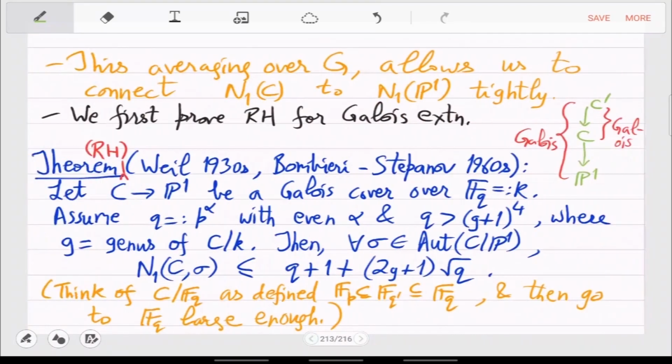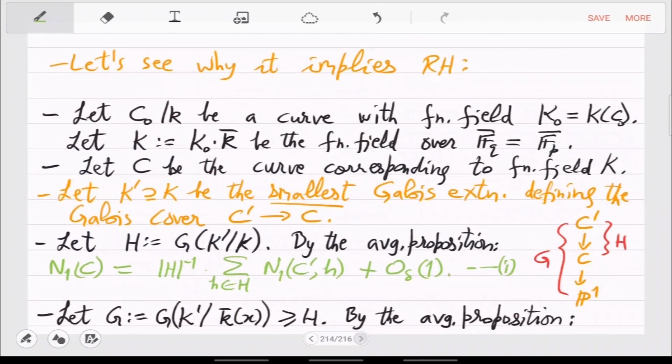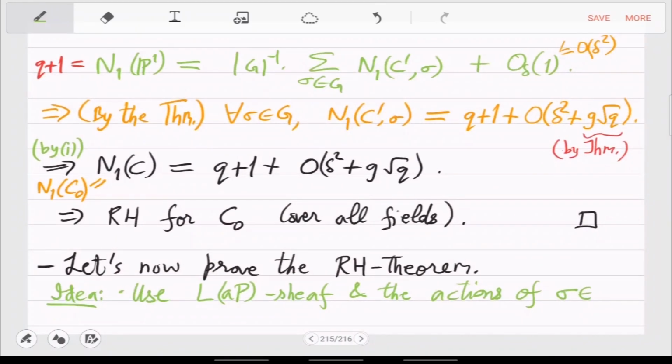So in the theorem, what is the setting? It's a Galois cover, basically G of C over P1. Actions of sigma and Qth Frobenius.